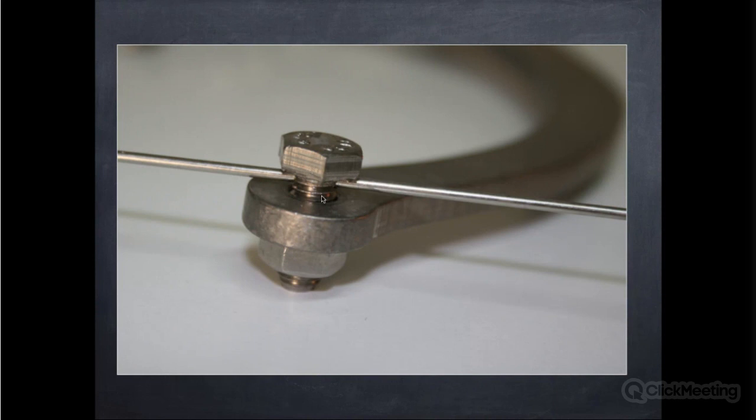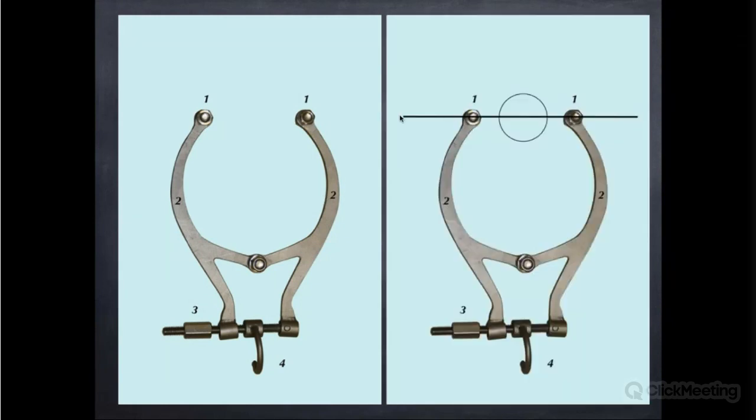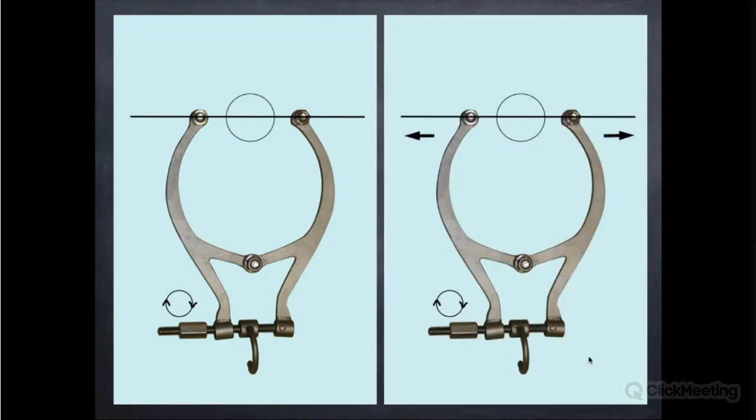So with the stirrup, we pass the K-wire through the bolts and through the bone, lock the bolts, and then turning the nut in the proximal part of the stirrup, where the threaded bar is, we are actually tensioning the wire.